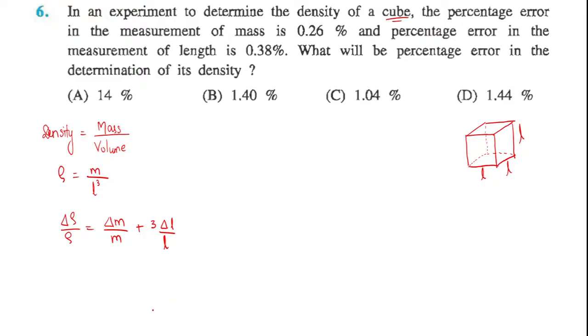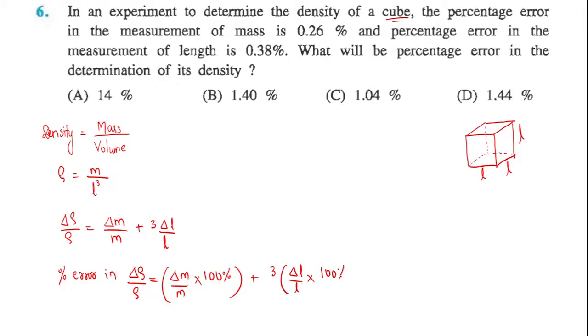Now remember, our aim was to find out percentage. So multiplying both sides by 100, I'll just write down percentage error in density is equal to delta m by m multiplied by 100% plus 3 times, in the bracket, delta L by L multiplied by 100%.